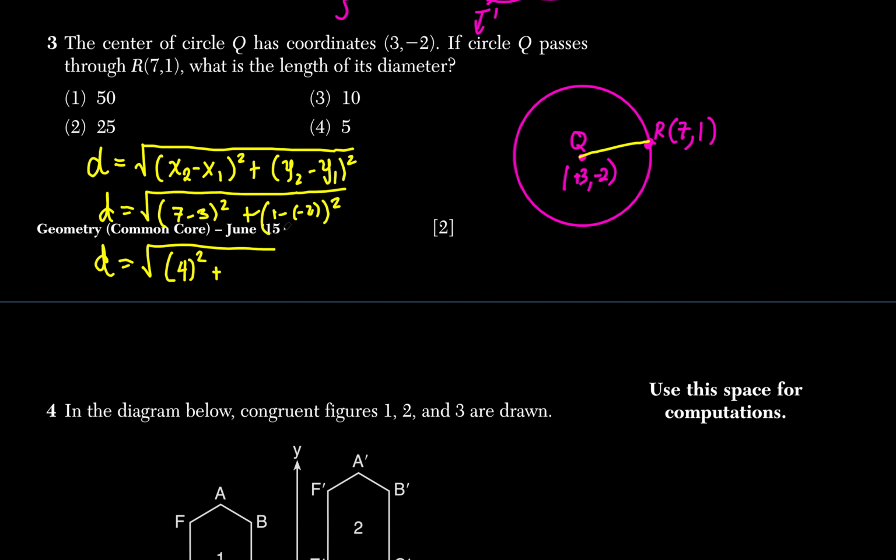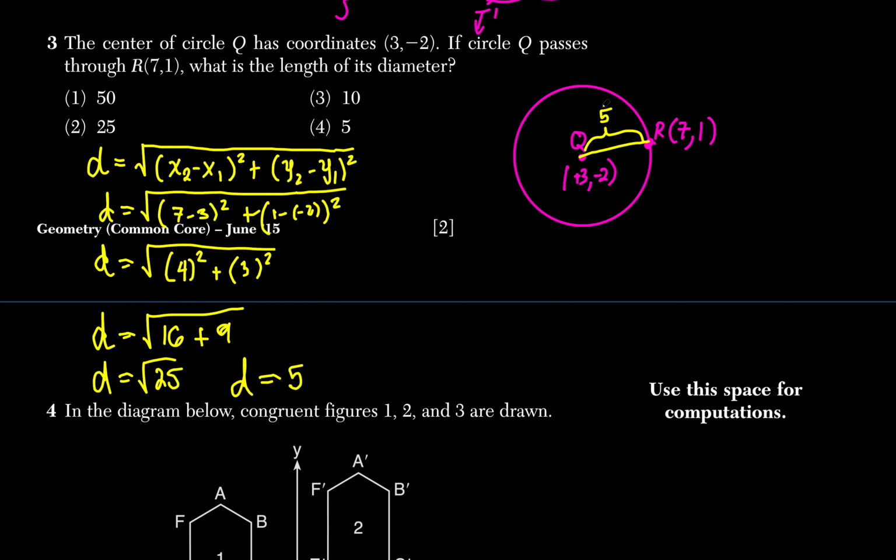So a negative and a negative will become a positive. So what we have here is rather 1 plus 2, which gives us a value of 3. Then we square that. The distance is now the square root of 16 plus 9. So the distance is equal to the square root of 25, and since it's a perfect square, comes out as 5. So we have the distance of 5 units. So the length from here to here is none other than 5 units.